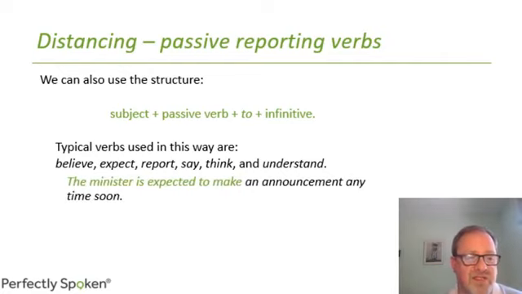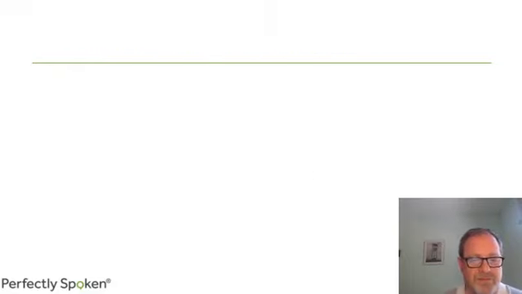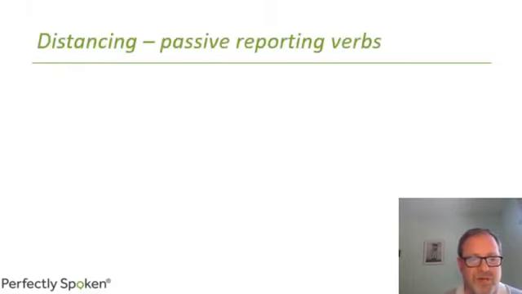The minister is the subject, is expected the passive verb, to make the infinitive with to. The climbers, subject, are understood, passive verb, to have left base camp around noon.